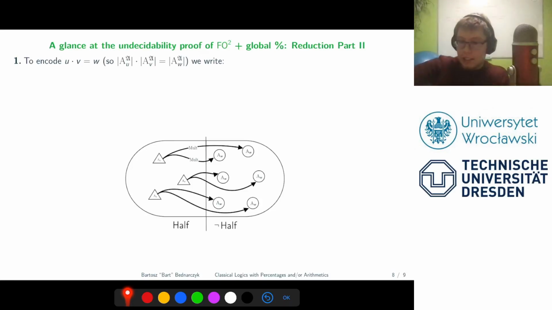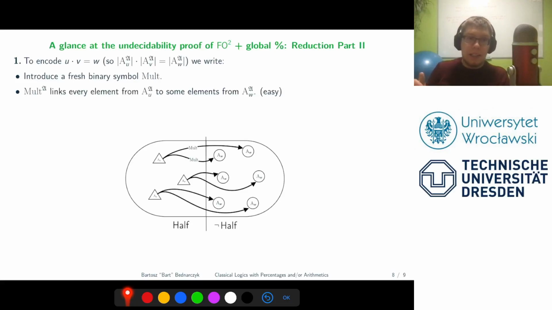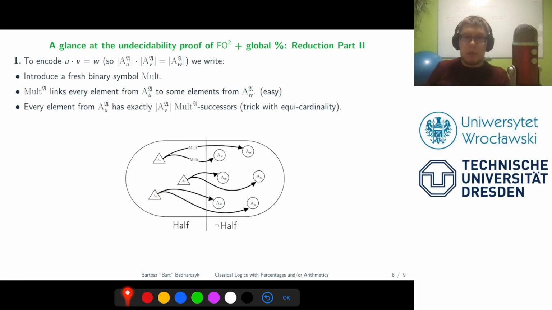Then I would like to introduce a fresh binary symbol mult, like multiplication, that will link every element from AU with some elements from AW. I would like to ensure that every element from AU has precisely AV successors. Right? So every element from AU has exactly AV mult successors. And we can ensure that with this trick with equicardinality statements.